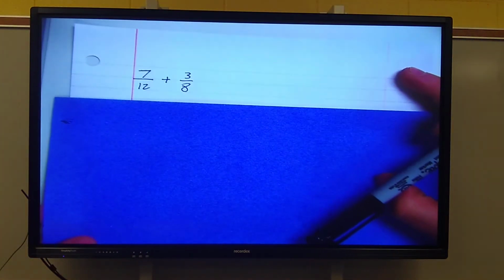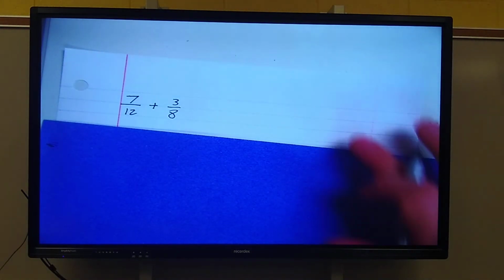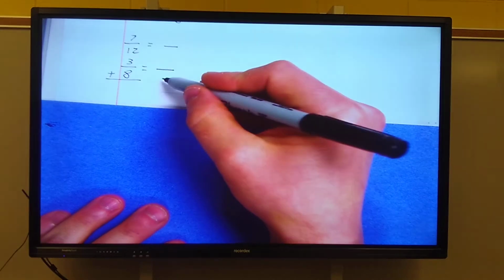All right, let's try another one. On your sheet of paper, solve 7/12 plus 3/8. Do that now. Pause the video. All right, let's see how good you did. First thing you do, you line them up vertically. Now, I must find my new denominator.